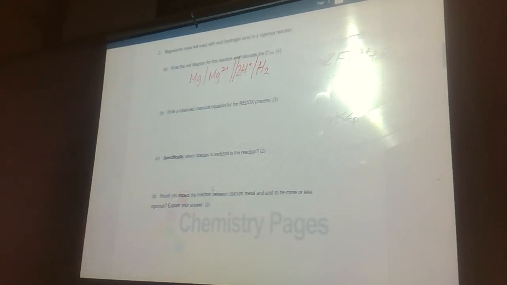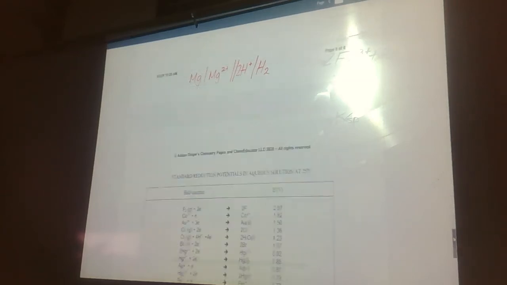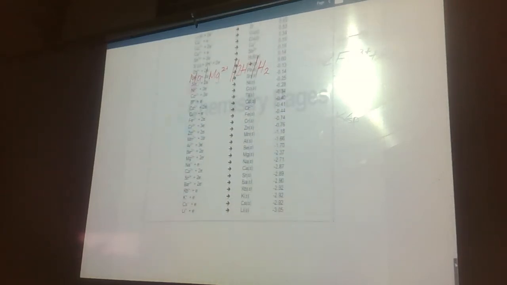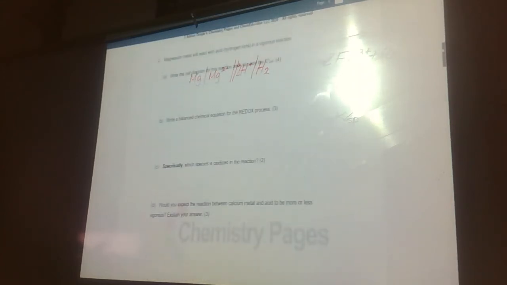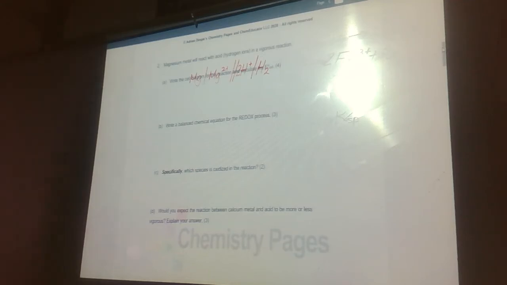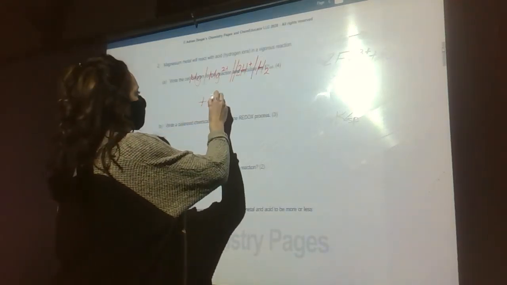And then calculate E naught for the cell. Well, hydrogen is 0. Magnesium reduction is negative 2.37, so magnesium oxidation is positive 2.37.